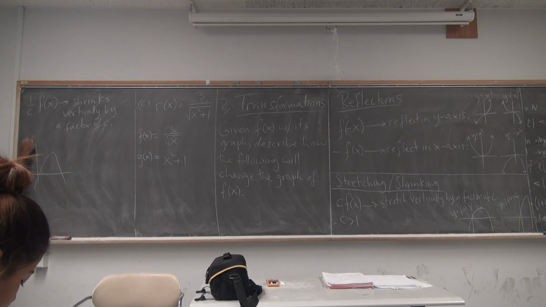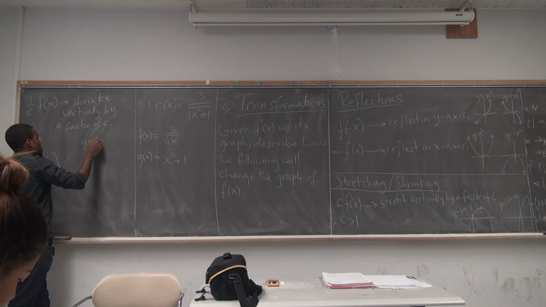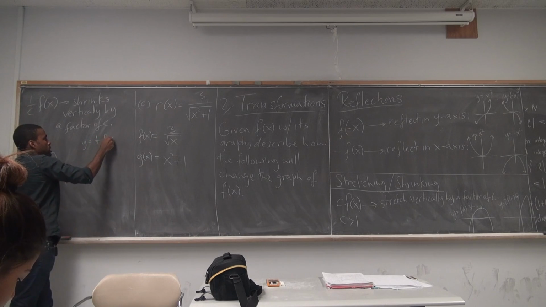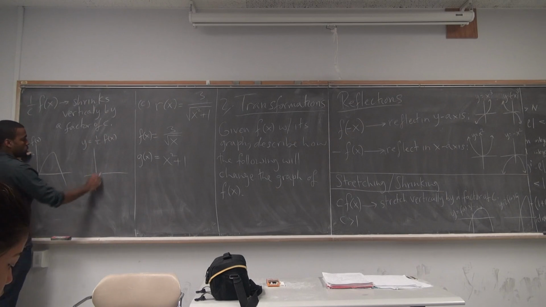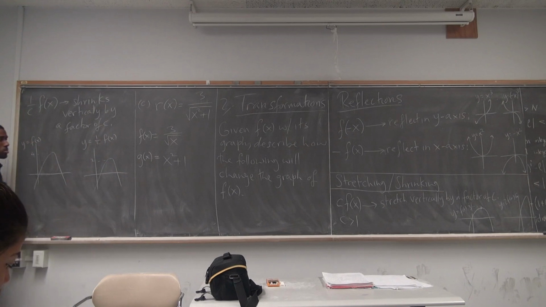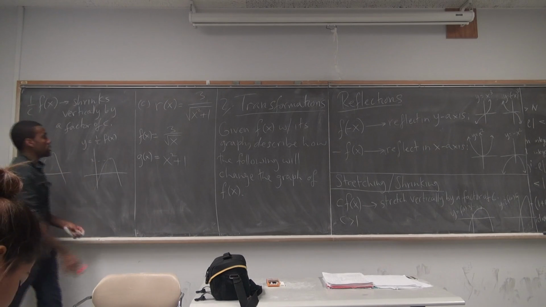And this is y equals f of x. And over here I have a graph y equals 1/2 f of x. So now it was at 4, but now it's going to go to 2. Because it's going to shrink everything vertically. All my y values are going to be multiplied by 1/2. So it shrinks it vertically by a factor of 2 in this case.